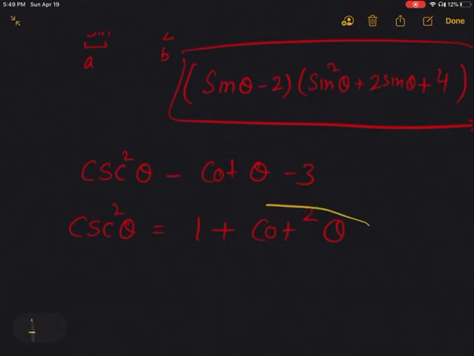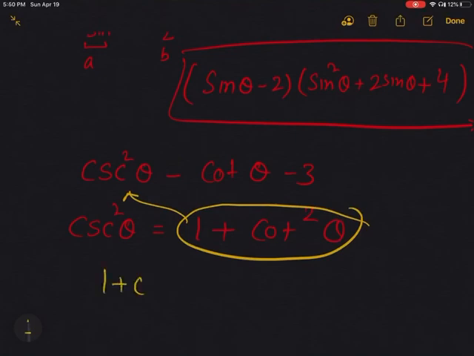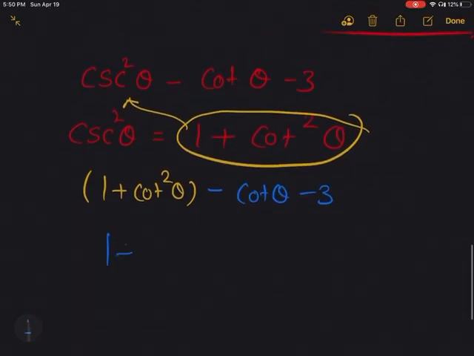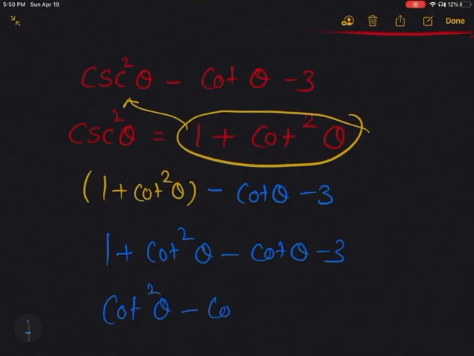So I would take this whole expression and replace this function with that. I would do 1 plus cotangent squared theta, and the outside expression is still the same: cotangent theta minus 3. Now simplify. I have 1 plus cotangent squared theta minus cotangent theta minus 3. Combine like terms: cotangent squared theta minus cotangent theta, and combining these numbers, minus 2.